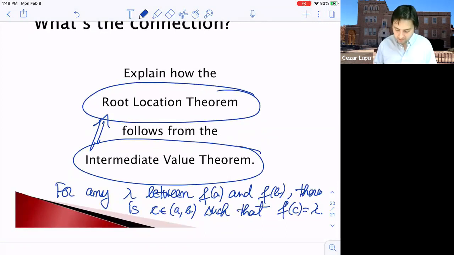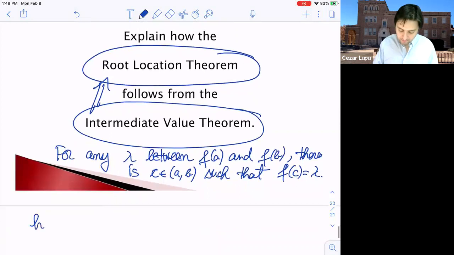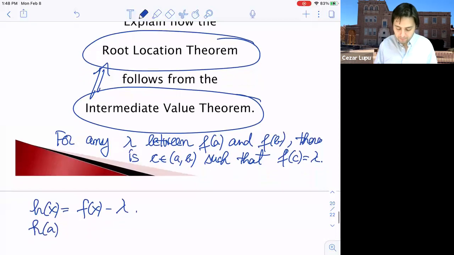Because if we define this function, let's say h of x to be f of x minus lambda, and if you evaluate h at a, it will be f of a minus lambda, and h of b will be f of b minus lambda.